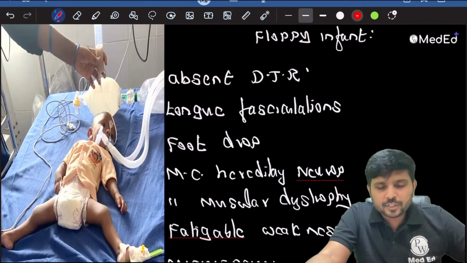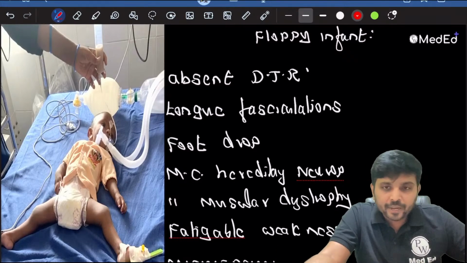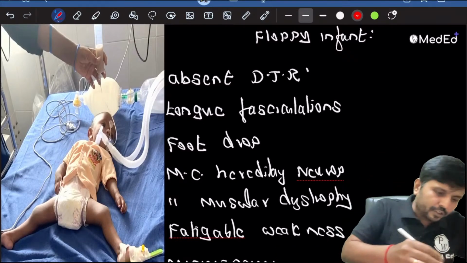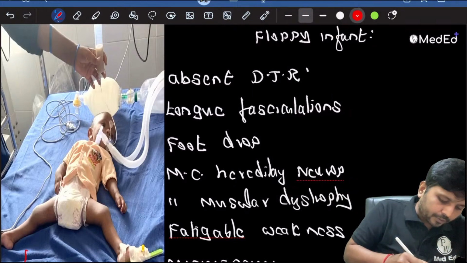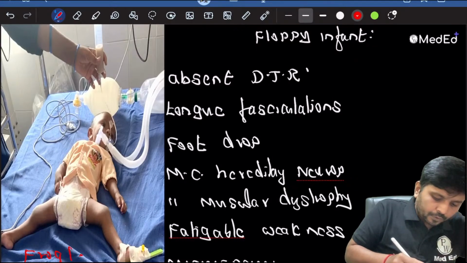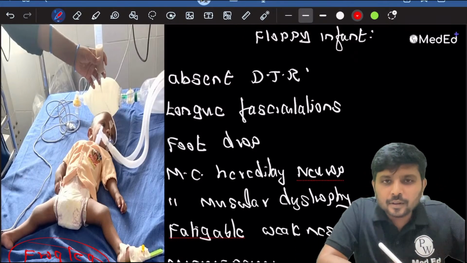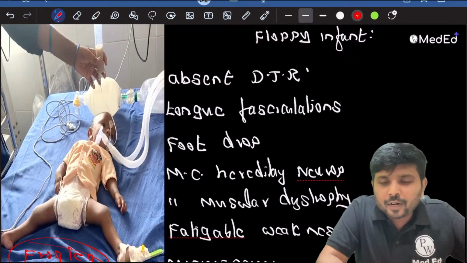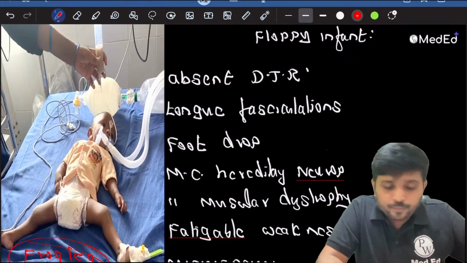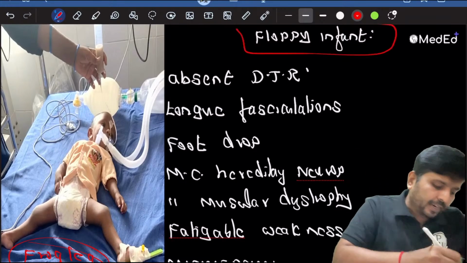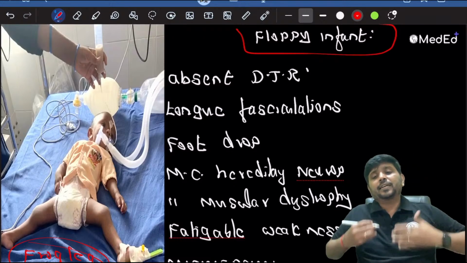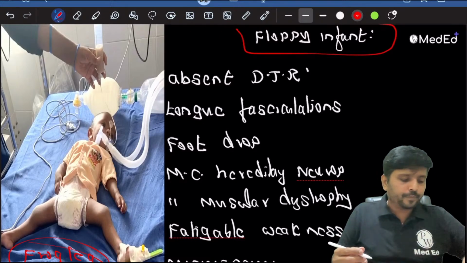Look at this. The child is floppy. And what is this position? This is called frog leg position. So, what are all the differential diagnosis for a floppy infant? The child is intubated because there is no respiratory muscle support.